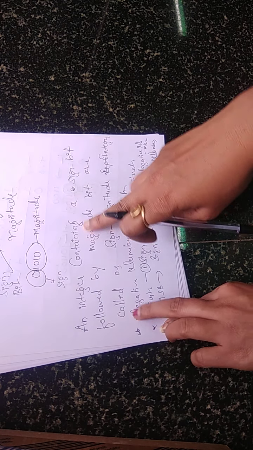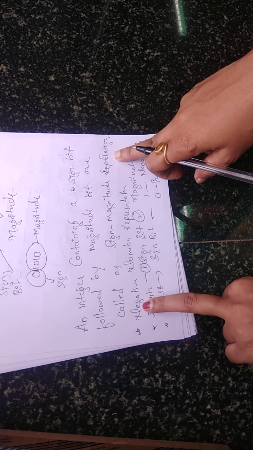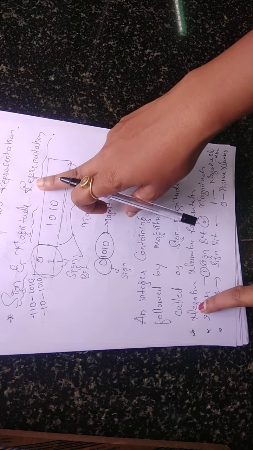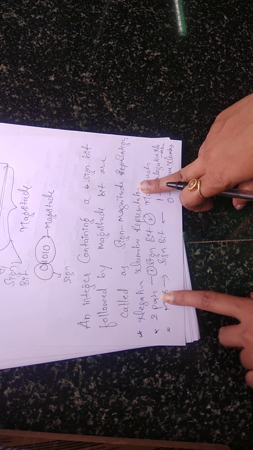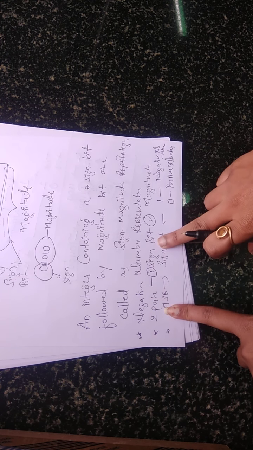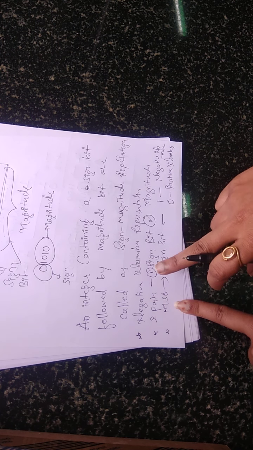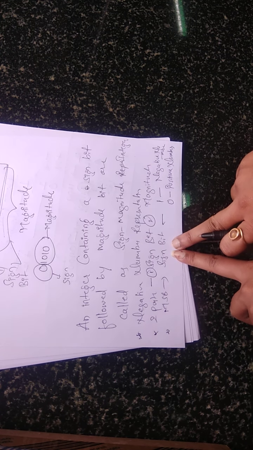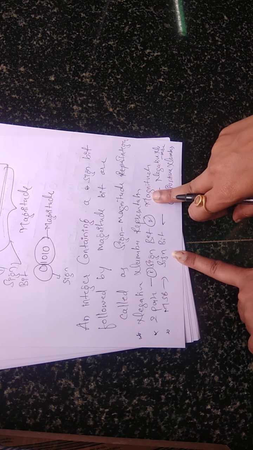An integer containing a sign bit followed by magnitude bits is called the sign and magnitude representation. It is usually used to represent a negative number. Here we have two parts, one is the sign bit, another is the magnitude. Your MSB, the first leftmost bit, will always be the sign bit and the other following bits are called the magnitude.